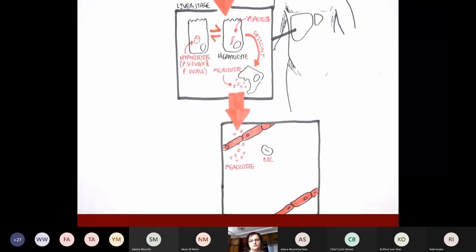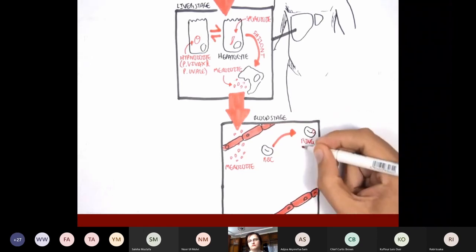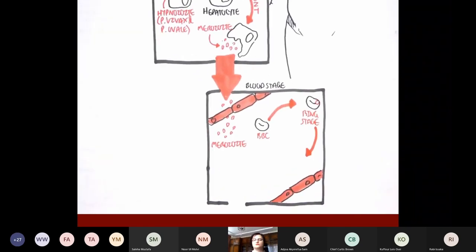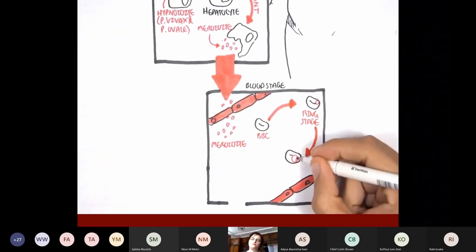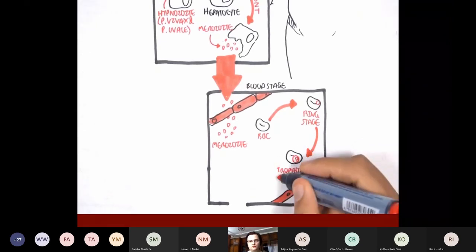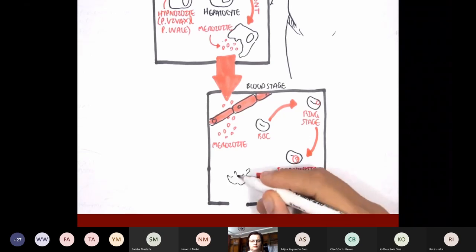Now let's go back to the merozoites in circulation. The merozoites invade red blood cells. Within the red blood cells, they enter what's called the ring stage. They then replicate to form a trophozoite and mature to become a schizont before rupturing, releasing again many merozoites.